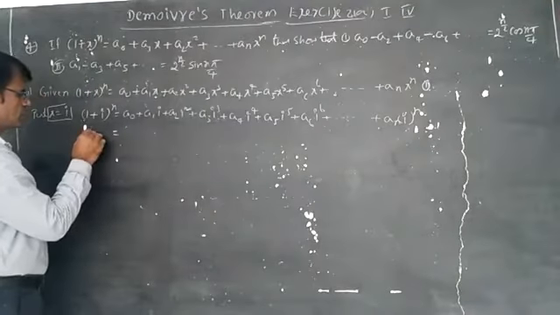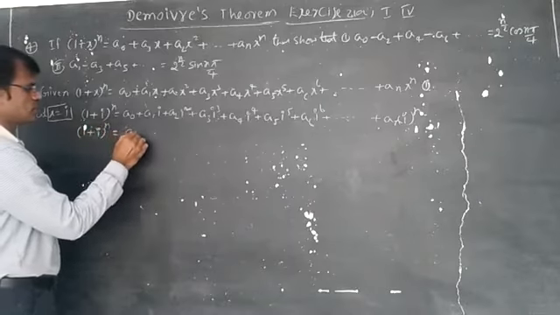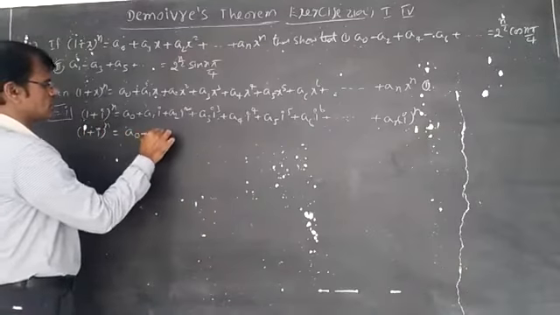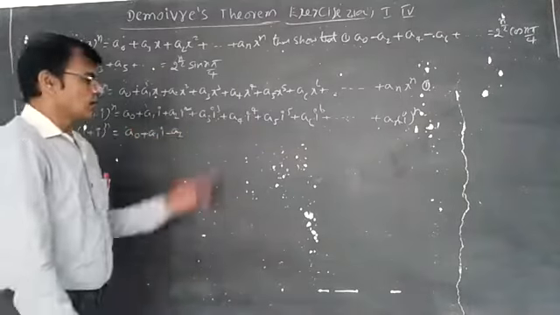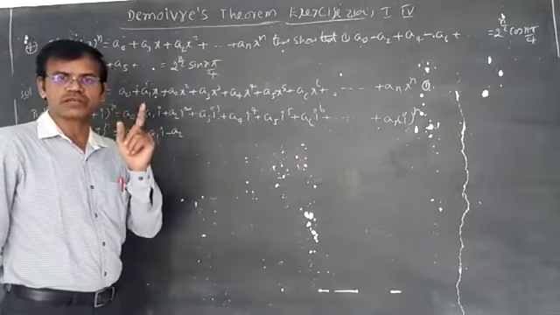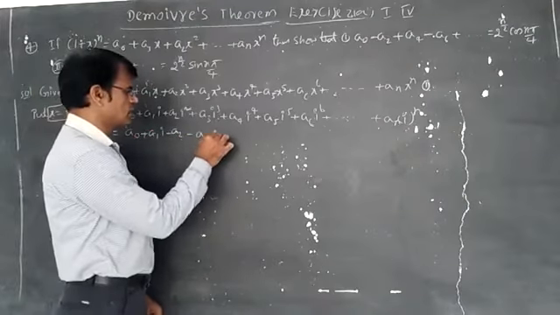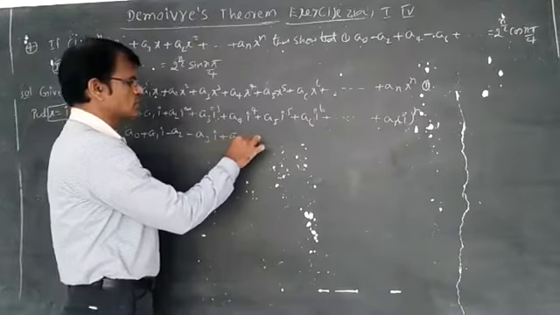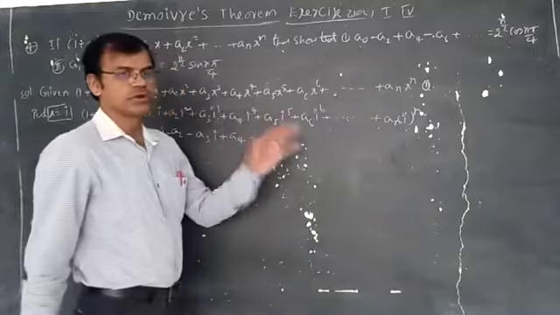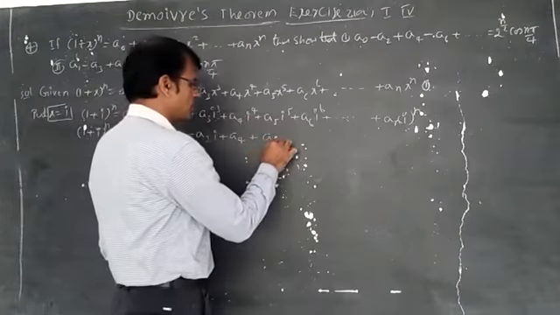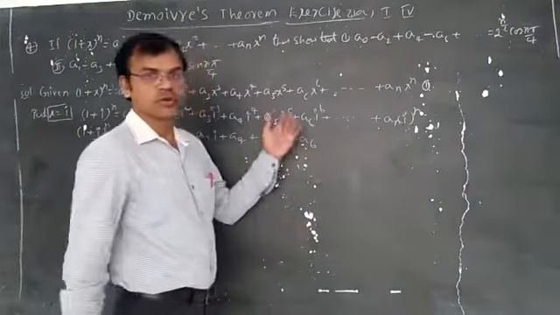So (1 plus i) whole power n is equal to a0 plus a1 i minus a2, because i squared means minus 1. i cubed means i squared into i, so minus 1 into i, it is minus i, so this is minus a3 i. i power 4 means (i squared) whole squared, (minus 1) whole squared is 1, so simply a4. i power 5 is i, this is a5 i. i power 6 means minus 1 because (i squared) whole cubed.